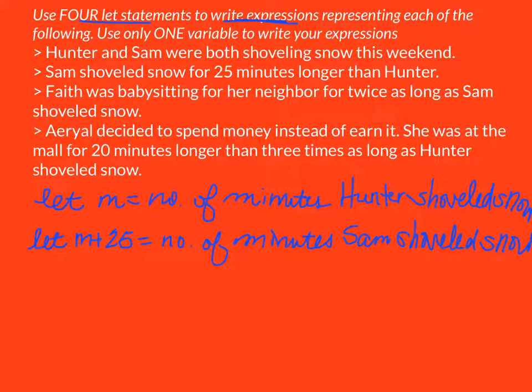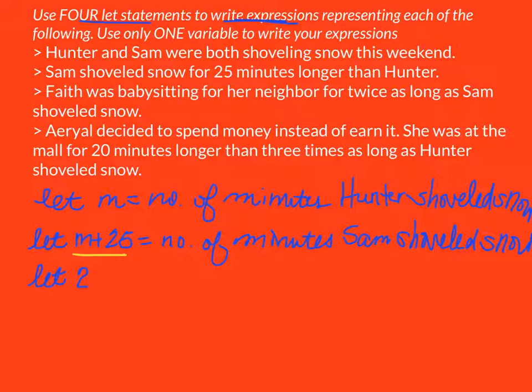Faith was babysitting for her neighbor for twice as long as Sam shoveled snow. So we have let. Now, twice as long means that we need to double something, which means multiply by 2. And we need to be careful here because we're doubling how long Sam shoveled. So we need the entirety of that M plus 25, which means it needs to be inside parentheses.